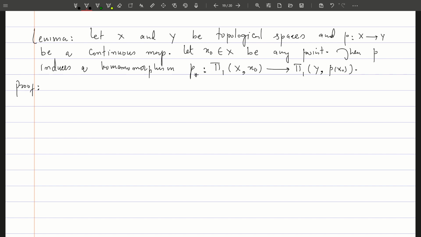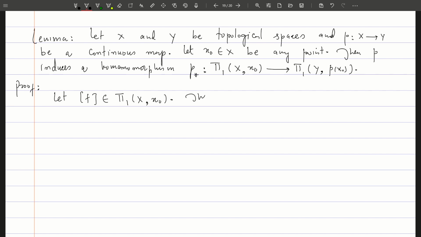So let us choose some homotopy class. Let f be the homotopy class in the fundamental group of X based at x naught. And then this f will be a loop based at x naught.